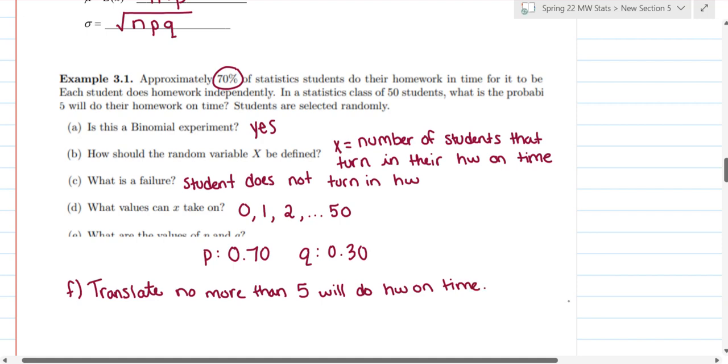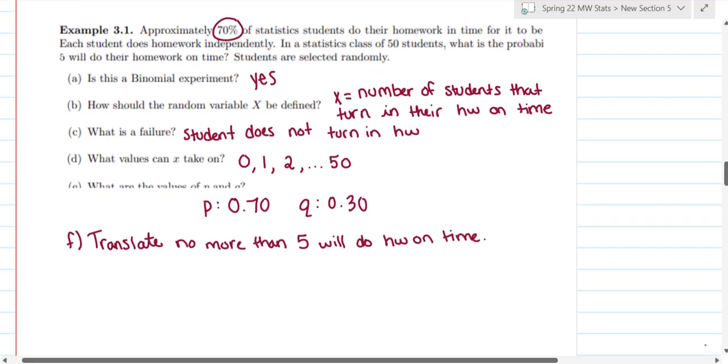Okay, so translate no more than 5, it's the probability that x is no more than 5, so it has to be less than or equal to 5. So that's your probability statement, that x is less than or equal to 5.